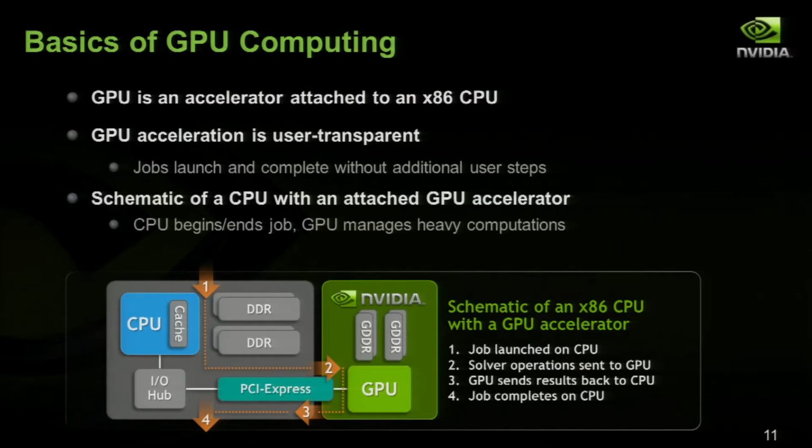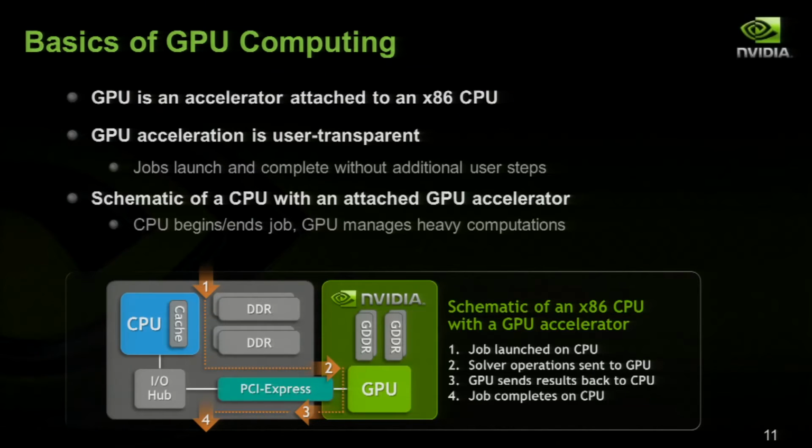Also, most of the time, especially with ISVs, the GPU acceleration is user transparent. You don't need to know CUDA. You don't have to code in CUDA or OpenACC. The ISVs take care of it for you. All you have to do is specify how many GPUs you want to use, and that takes care of the details in the background.